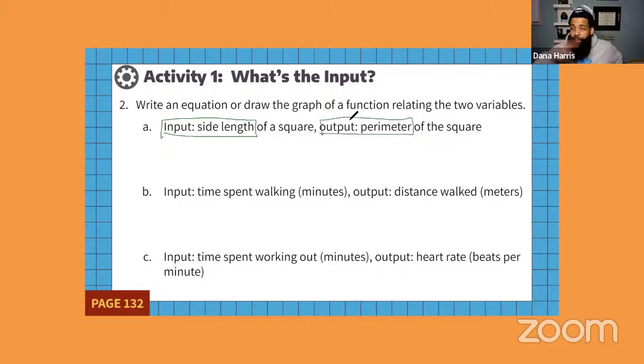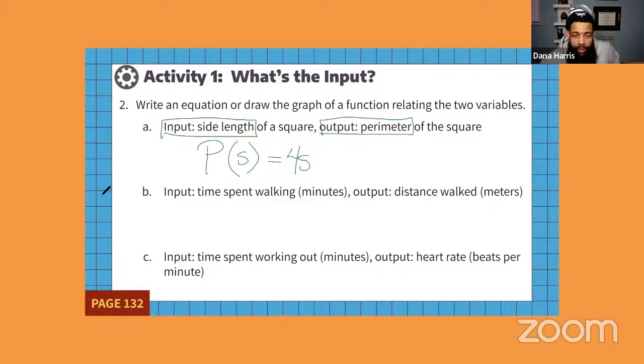Now we know that squares have all 4 sides the same. So if we determine the perimeter based upon the side lengths, we can write this as P of S, P being perimeter, S being side length. So that would be the equation. And now, how do you find the perimeter of a square? You take 4 times the length of each side. That is 4S.